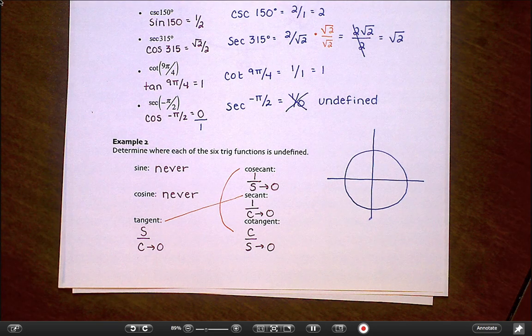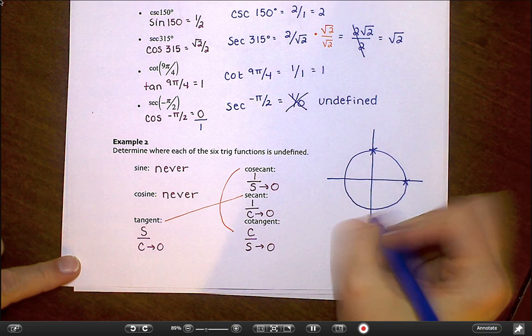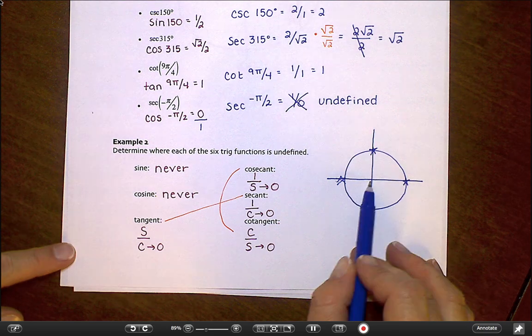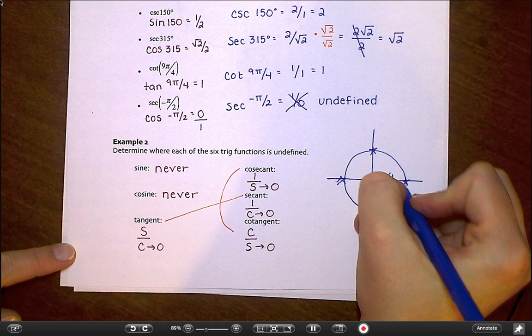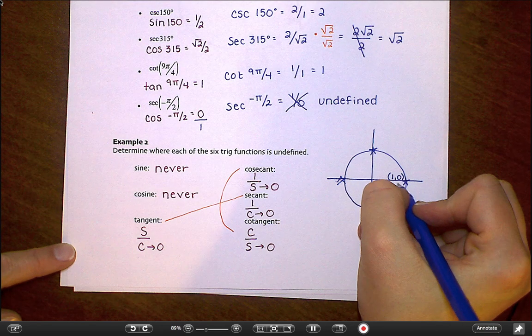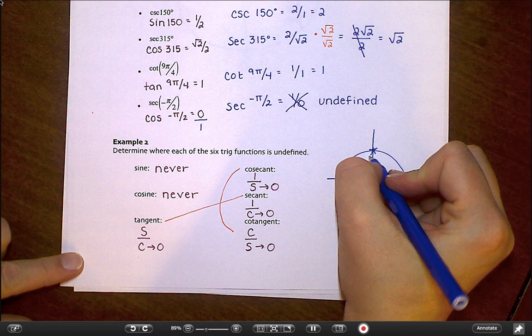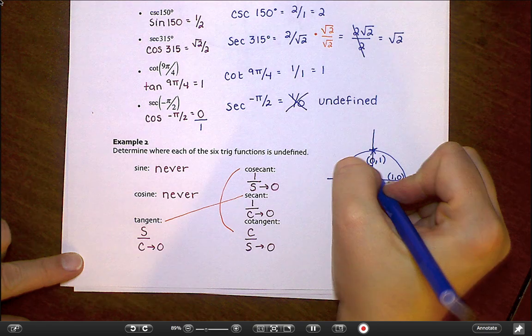So now let's think about our circle. The zeros happen at the 4 corners, right? These are going to be the 4 places where we run into issues, okay? And at this spot we have the coordinate 1, 0. So this is where the sine is equal to 0. This spot, the coordinate is 0, 1. So this is where the cosine is equal to 0.